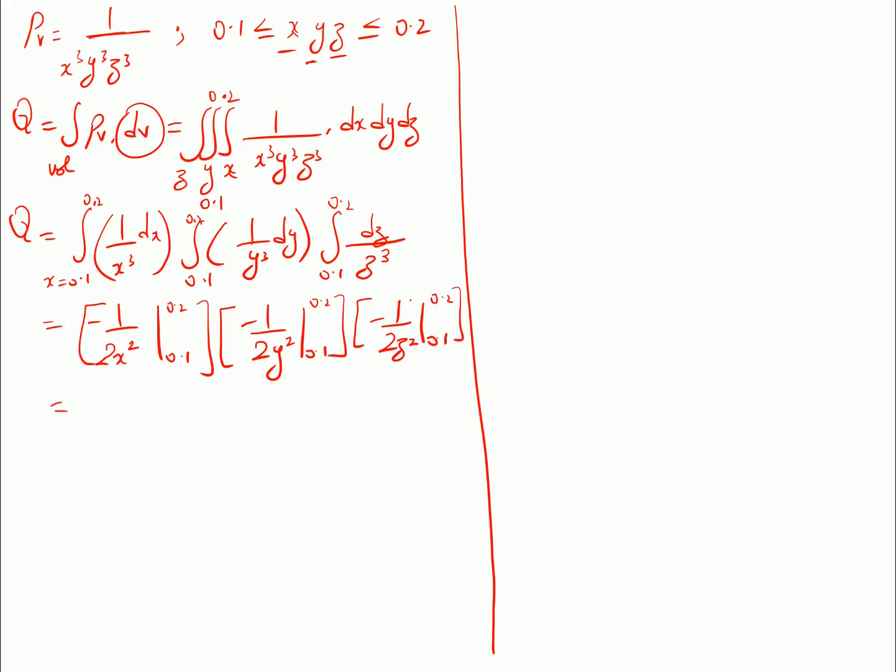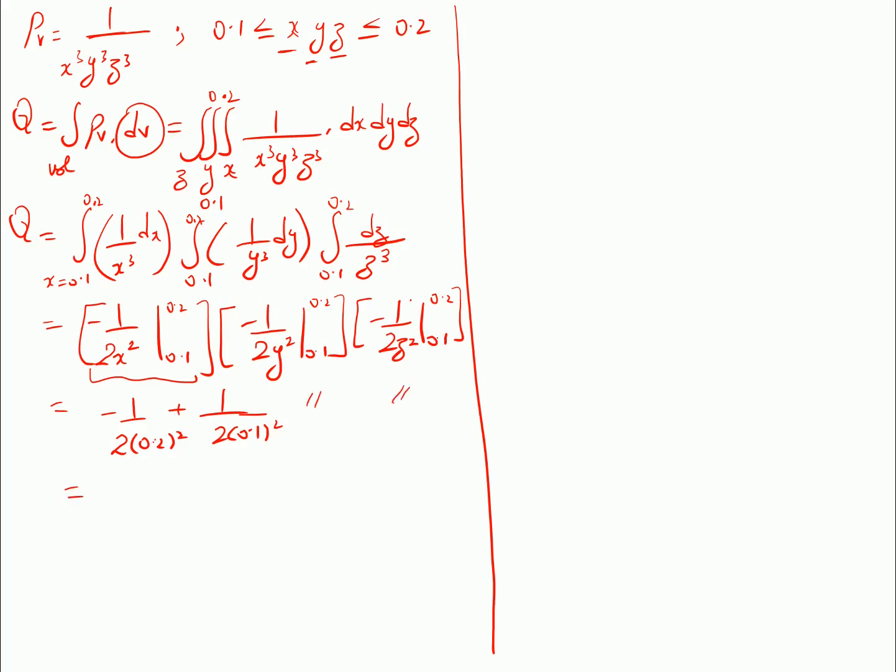Now let's just solve the first one because the next two are the same, so they will get multiplied together. It comes out to be minus 1 divided by 2, 0.2 whole square, and minus minus becomes plus 1 divided by 2, 0.1 whole square, and the same goes for the other two.